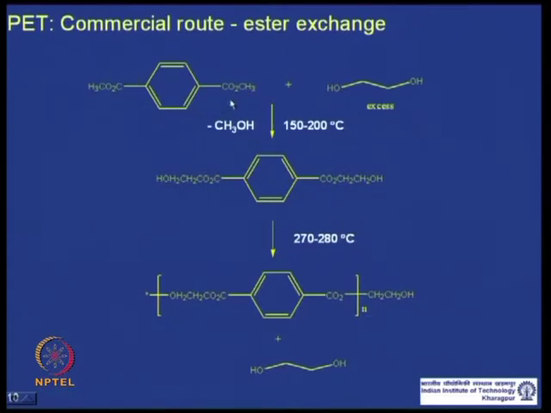First stage, dimethyl terephthalate, DMT, is reacted with excess ethylene glycol at moderate temperature, and methanol is distilled out to form this compound, and then these are heated to a much higher temperature, and the ethylene glycol is distilled out from the reaction.